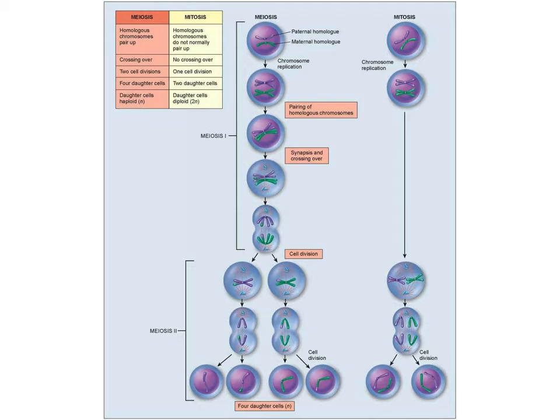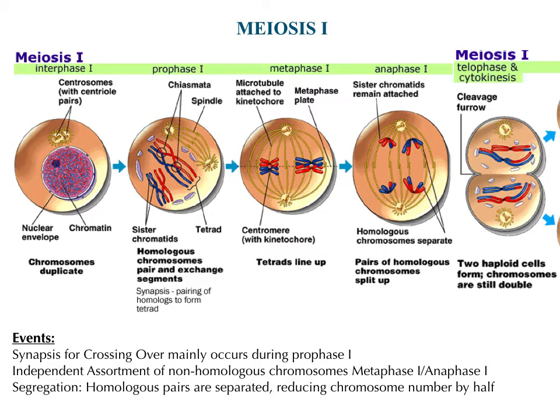All right, let's now move on to looking at meiosis and those special events like crossing over in more depth. All right, here is an up-close view of meiosis 1. You'll see here that prophase 1 is sort of the signature event of the meiotic process because it's here that the genetic recombination events take place.